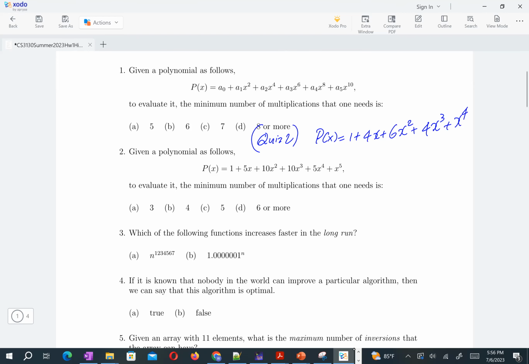Here, these coefficients, if you have knowledge about the coefficients, some special pattern, have you noticed a special pattern of the coefficients here?